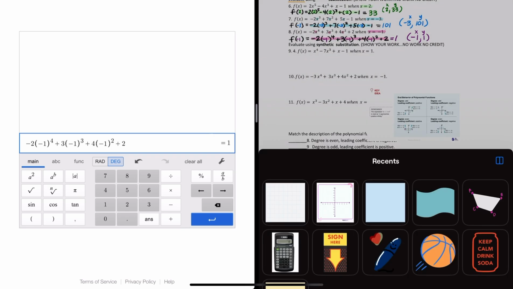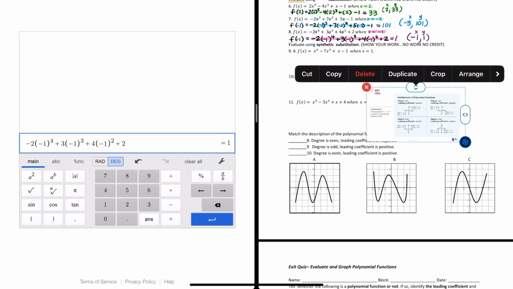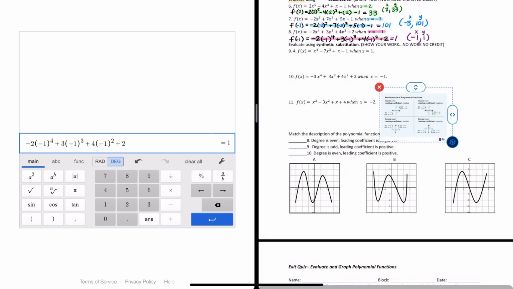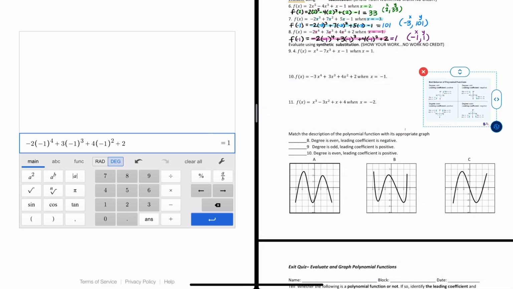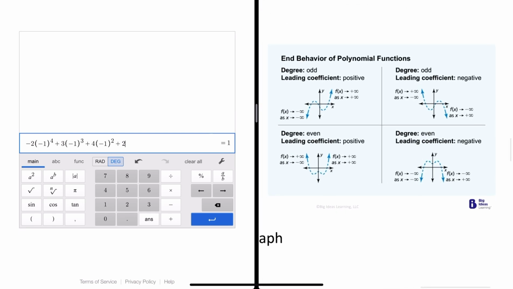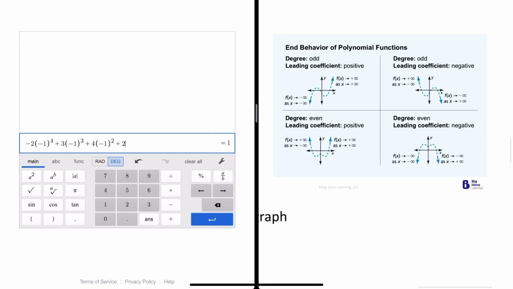Hold on. This shouldn't say 8, 9, and 10. This should say 12, 13, and 14, but that's fine. We're going to use this chart. So I will pause the video and copy this chart down if I were you, or screenshot it, whatever works for you.